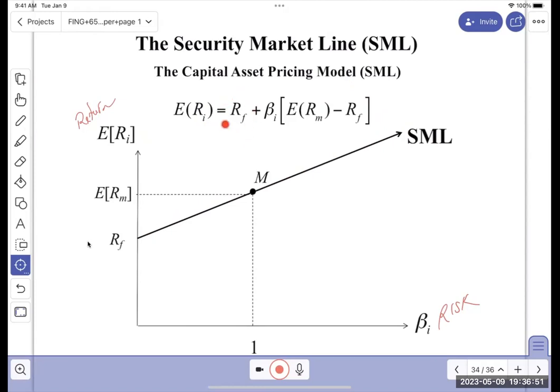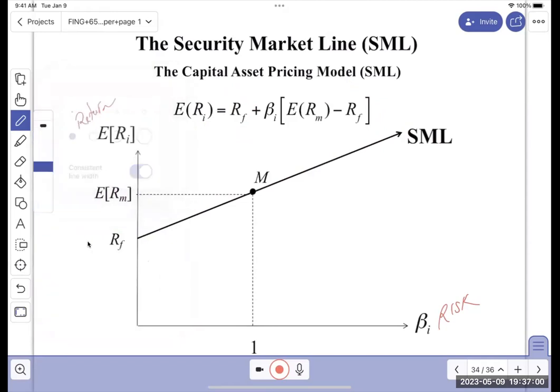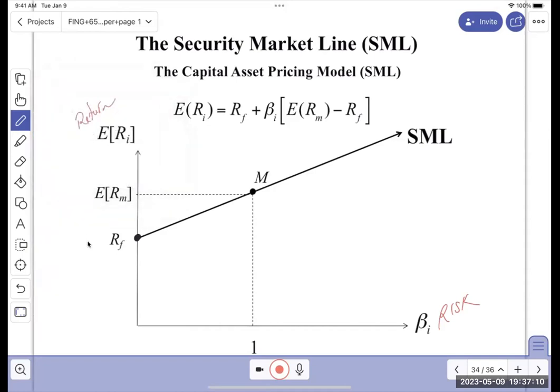The y-intercept is the risk-free rate. And the risk-free rate plots with a beta of 0, right? So it falls right here.